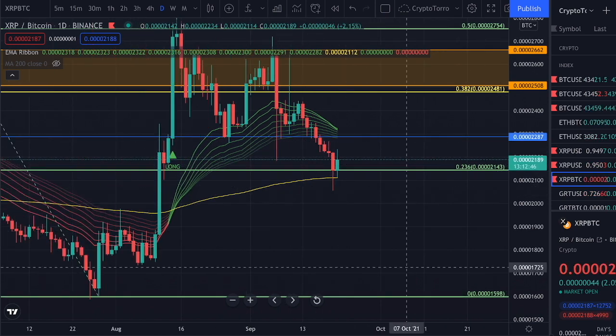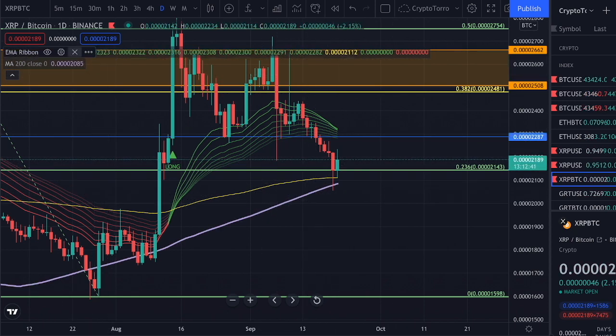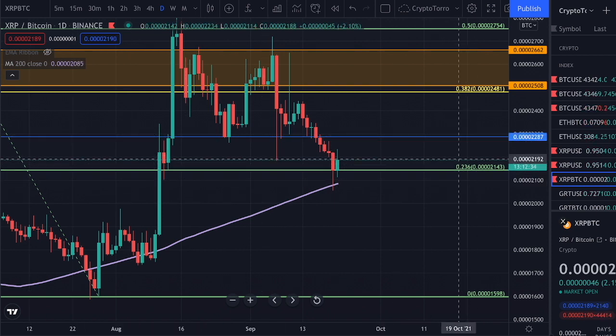Otherwise, if we break below the 200-day moving average and also below this level of support at 0.236 Fibonacci compared to Bitcoin, I think we are going to see a major decline in XRP strength, and we won't be able to hold strong on top of that 97 cents level, and we will be heading towards that 85 cents level.